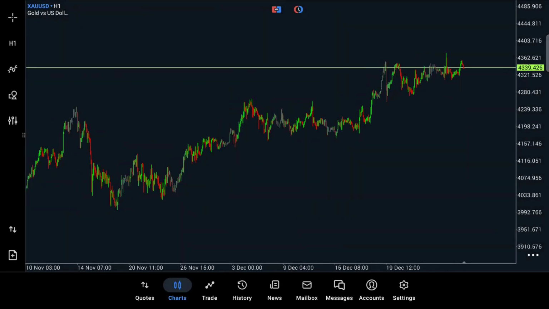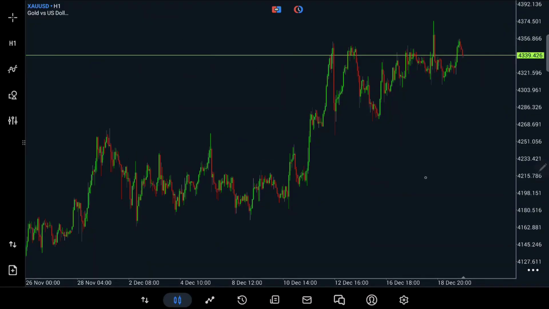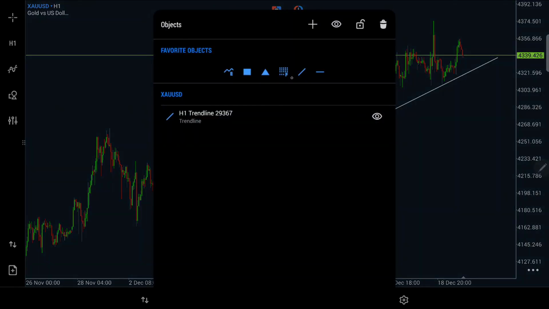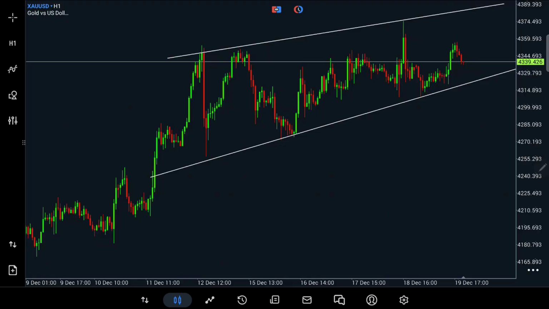And let's remove all of them to find our market entry. If I use the H1 time frame as the reference, where we can take buy or sell entry on Monday. Okay, and as you can see, that particular area is our support trend line, and that particular area is our resistance trend line. And based on the H1 time frame, you can take a buy entry around that particular area.